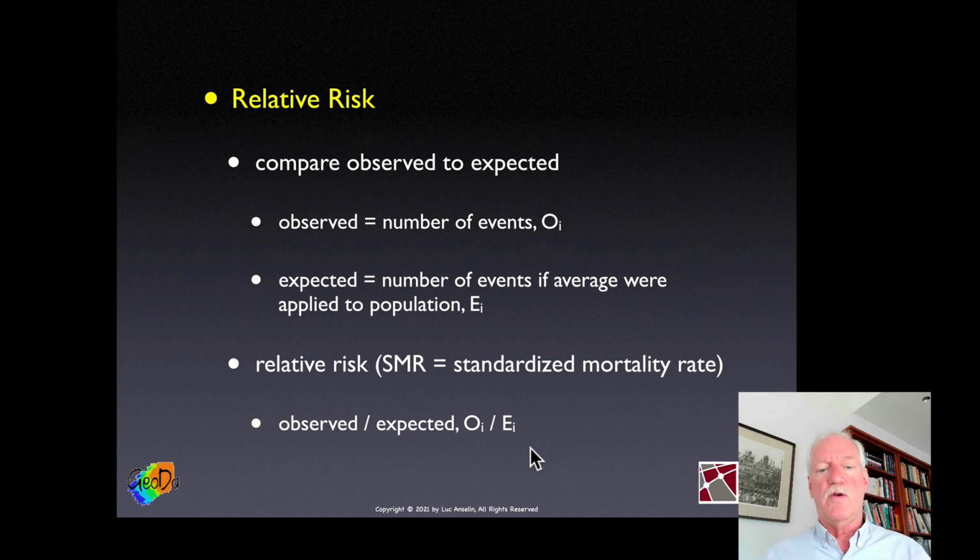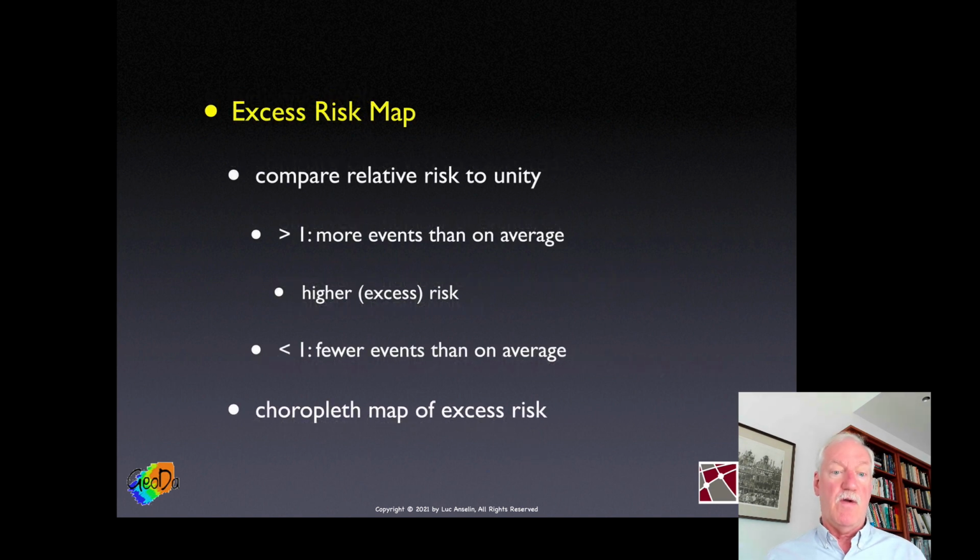You compute what you would expect to see based on some reference average risk, and then you see what you actually have. If you have more, you're not doing so well. If you have less, you're doing better. So then, again, we're interested in mapping this, and we can express this visually in what I call an excess risk map.